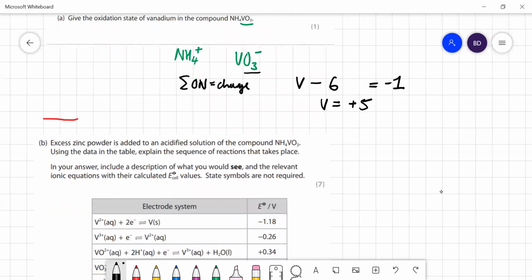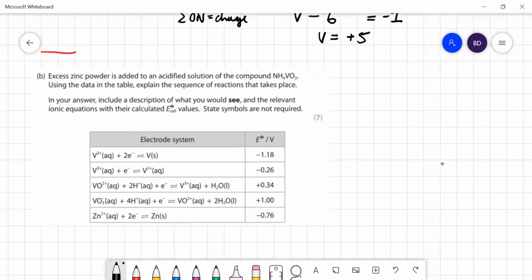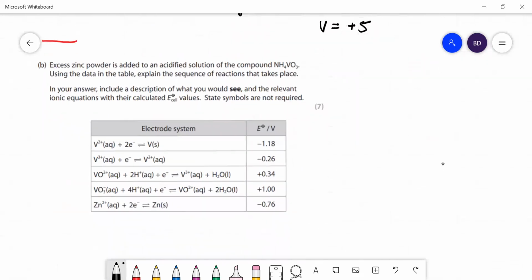Now, zinc powder is added to acidified ammonium vanadate. So it's only the VO3+ ions we need to worry about. Now, use the data in the table, explain the sequence of reactions that take place. Now, you've really got to know here that, okay, they've written it down. It's VO3.